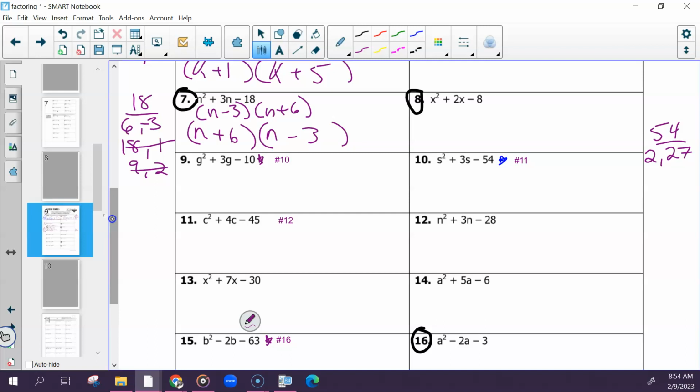What's our factors? While you're thinking about factors, if you figure out what they are without listing out all the factors, you don't have to keep going. If it helps you to see them all and then do the elimination process, that's also fine.